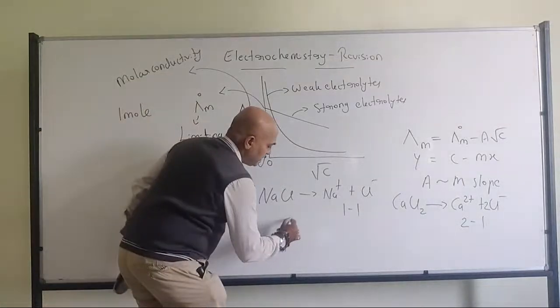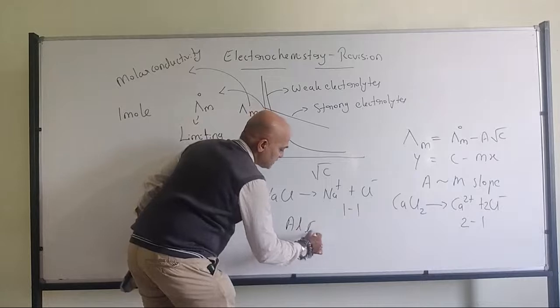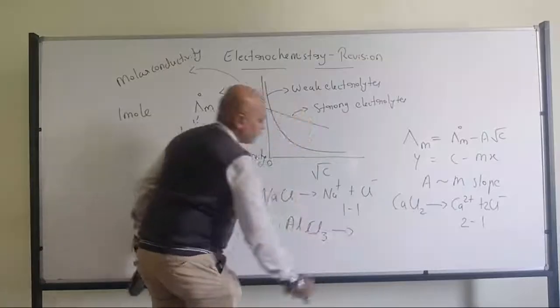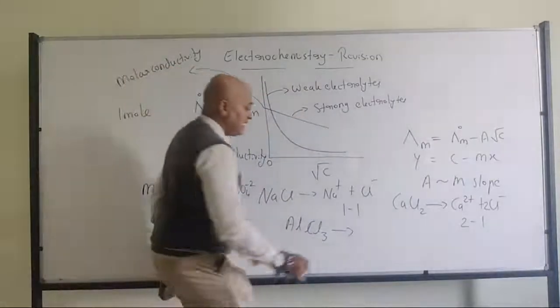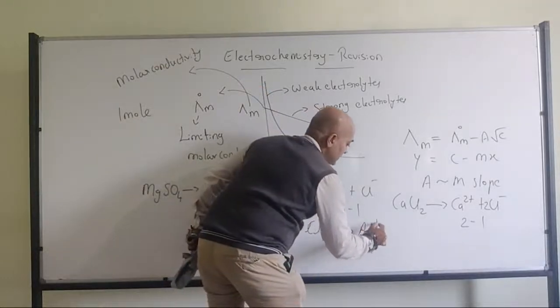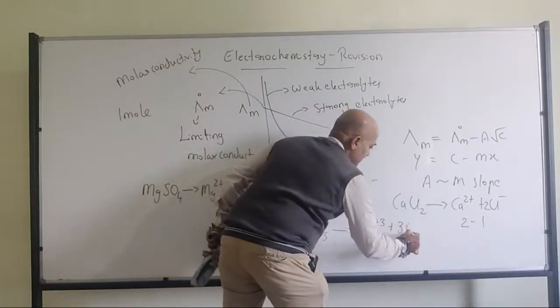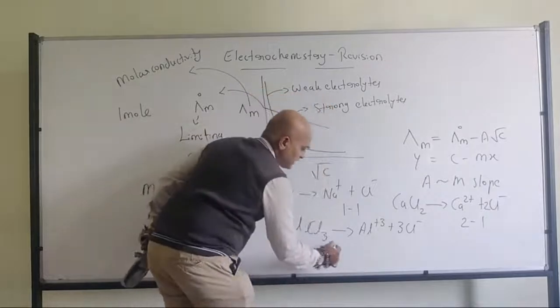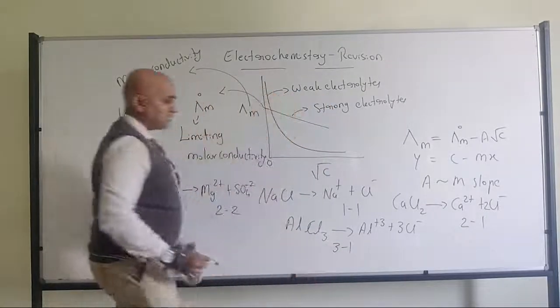For example, if I take aluminium chloride, naturally here it will be Al plus 3 and 3 chloride. So naturally it should be 3-to-1.